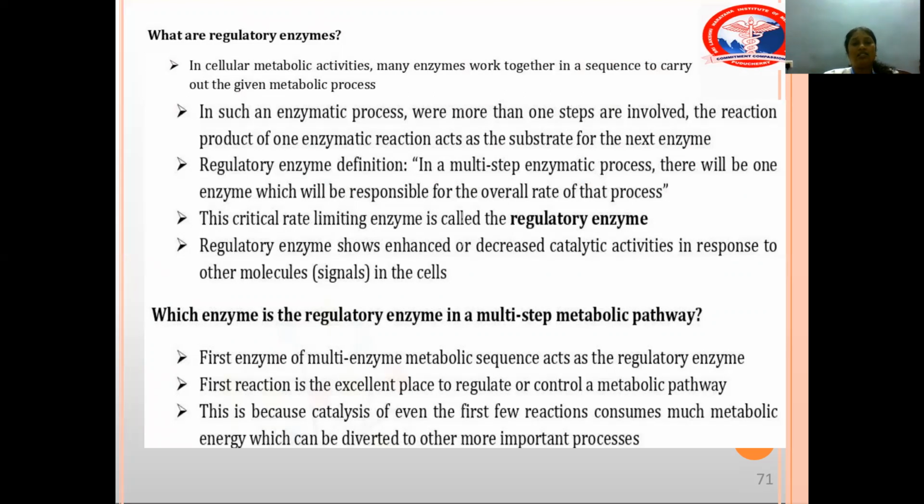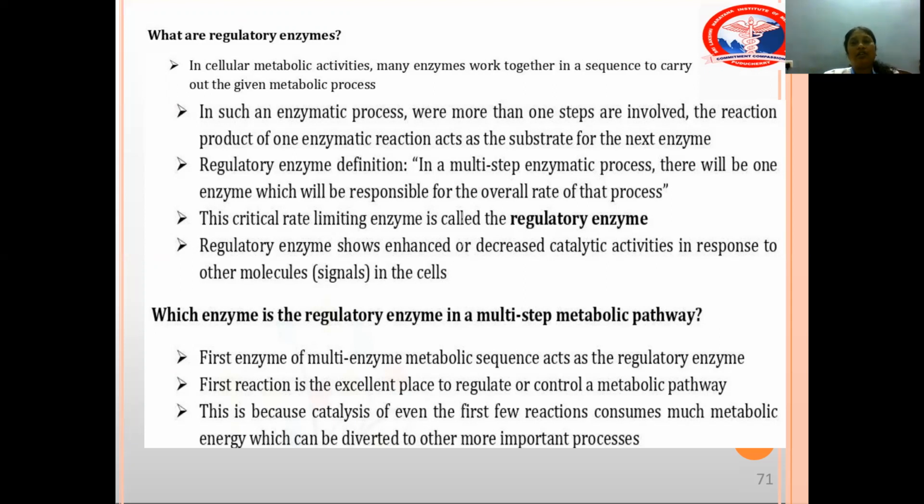Here, in a multi-step enzymatic process, a regulatory enzyme is the one enzyme responsible for the overall rate of that particular metabolic process. That critical rate-limiting enzyme is also called the regulatory enzyme.